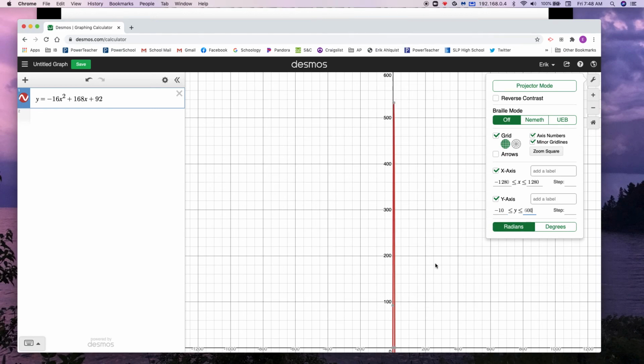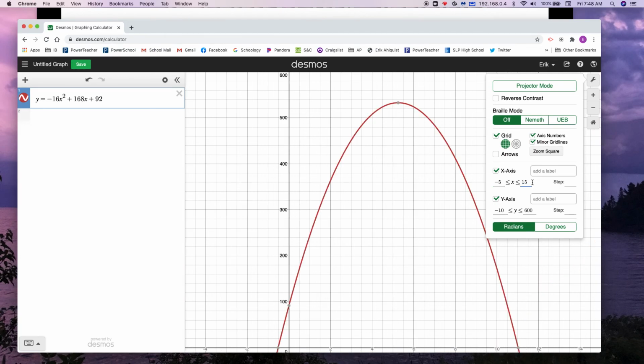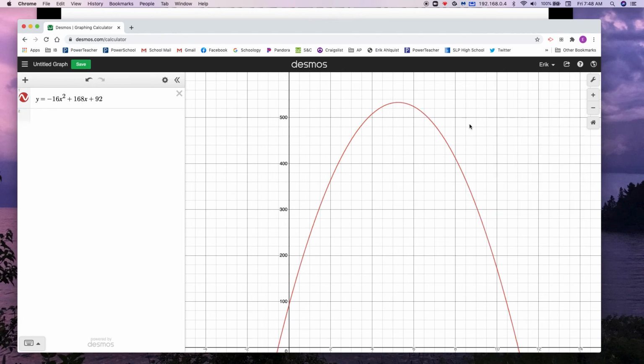Now it looks really skinny. Let's adjust the left and right. Let's make our smallest x value maybe negative 5. And let's make our biggest x value 15. And now we get a really good picture of what it looks like. If we have that, suddenly we can get all the information that we need.